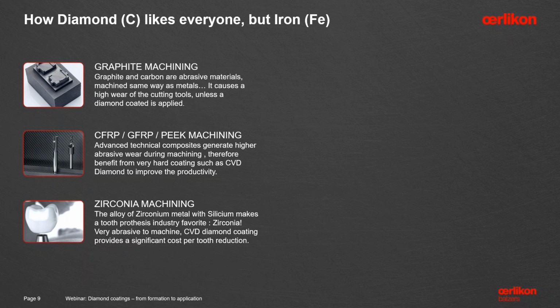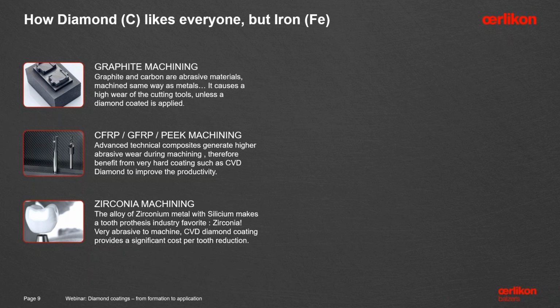Three big families are here. Graphite machining, where graphite electrodes for molds and electronics, but also graphite parts for electric vehicles and batteries, need to be machined. So it's very abrasive, and the cutting tools will benefit from a very strong coating.